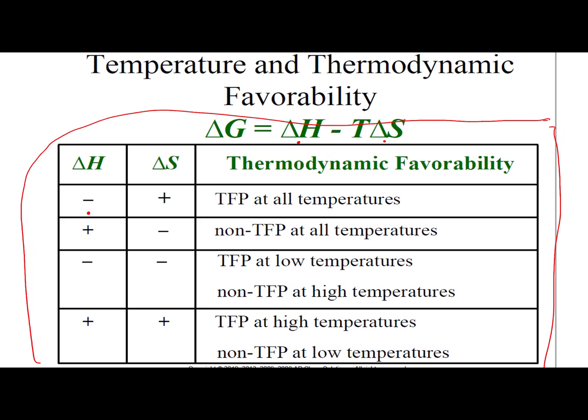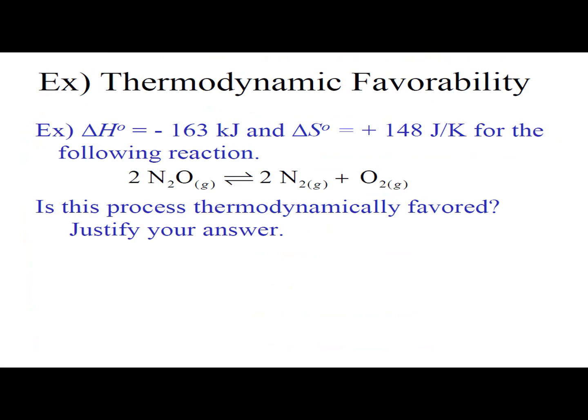But notice these are different combinations of how you can get a negative delta G. So very, very important. I'll star it. Hopefully you can realize that this concept is extremely important. A good one to either copy down onto a card and study and make sure it makes sense, or print it out and study that way.